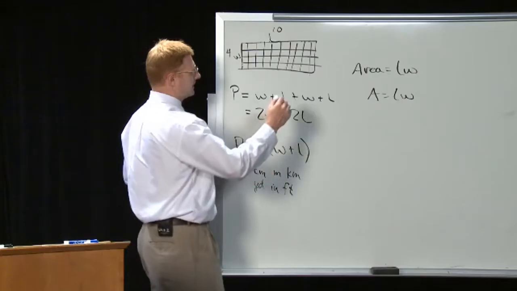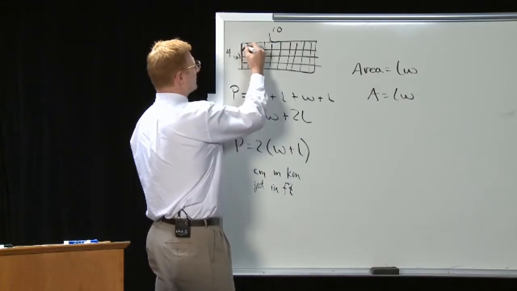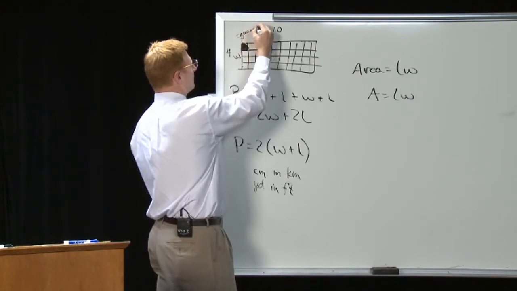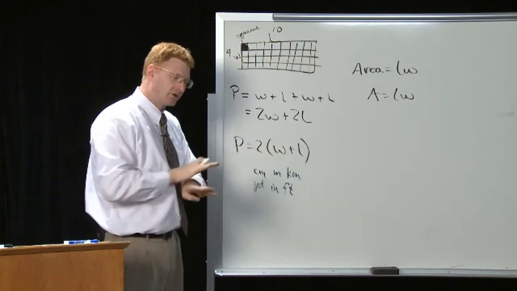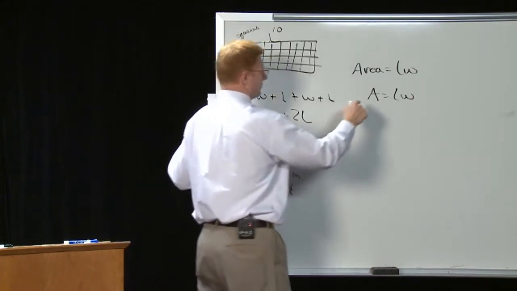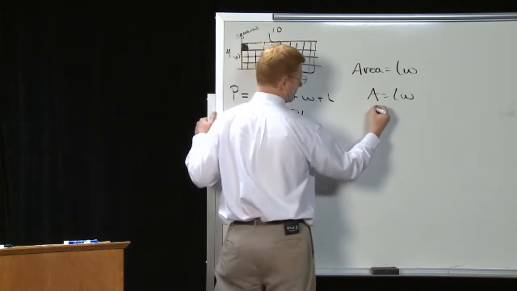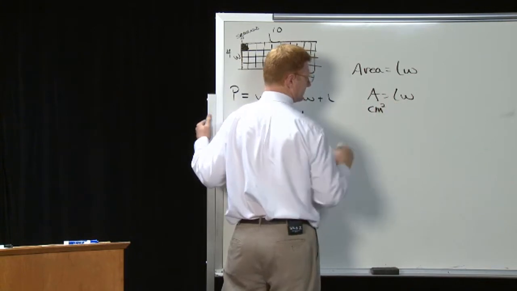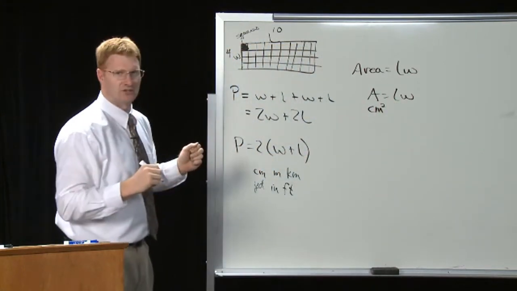Over here, you'll notice we're measuring with little squares. That's how we measure area and cover an area instead of just a length around. So when you get done here, they will be measured in little square centimeters.